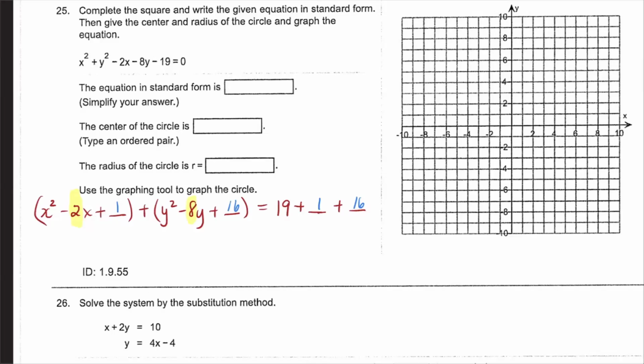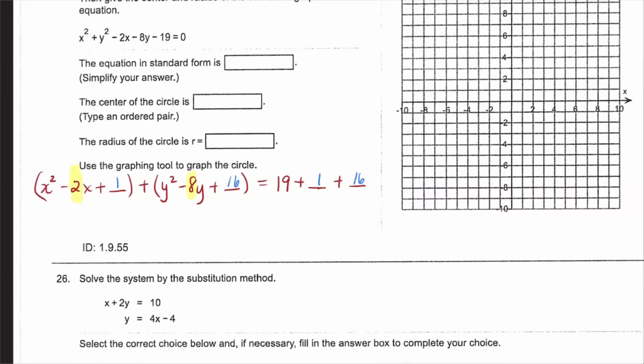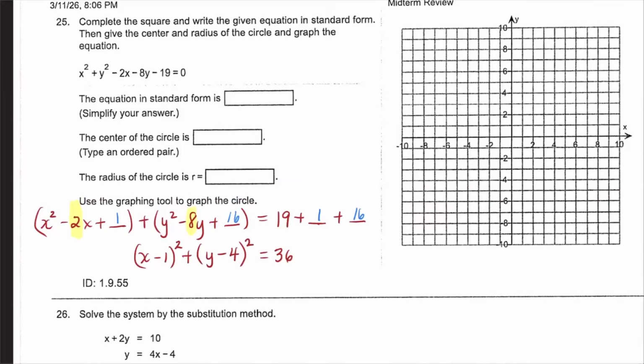So simplifying both sides now, well, factoring the left side, we get (x minus 1) squared plus (y minus 4) squared equals 36. So that's the equation.